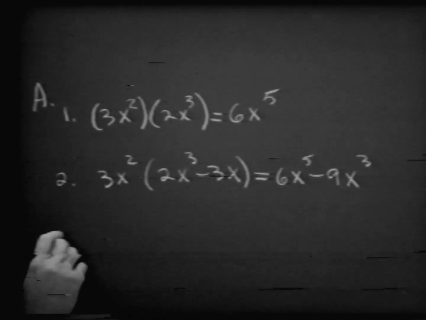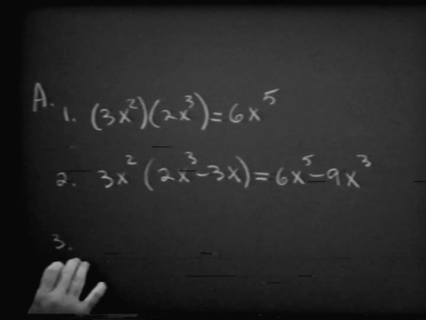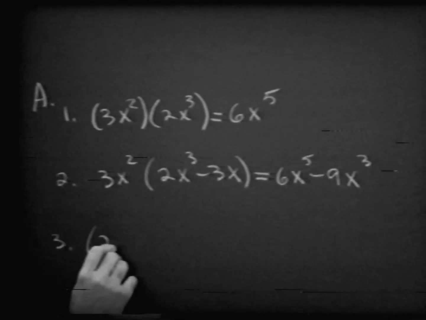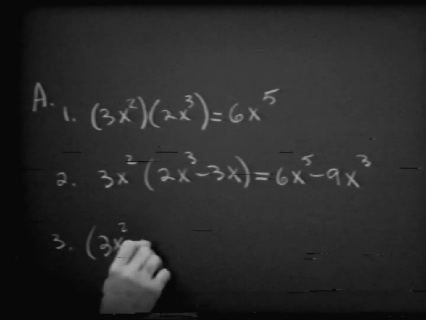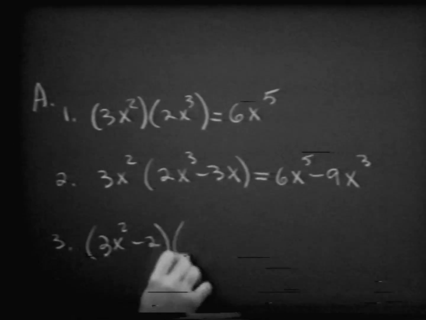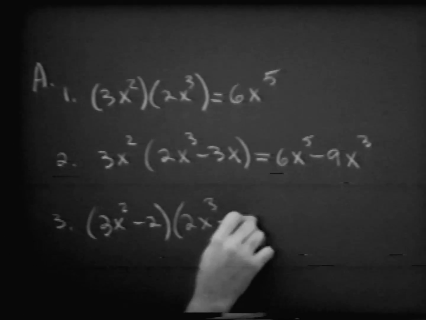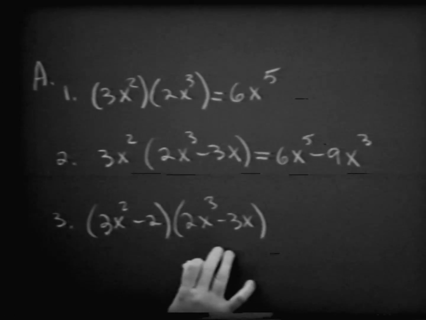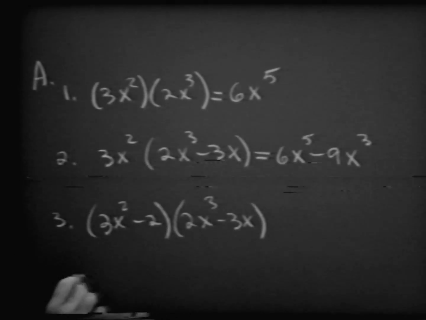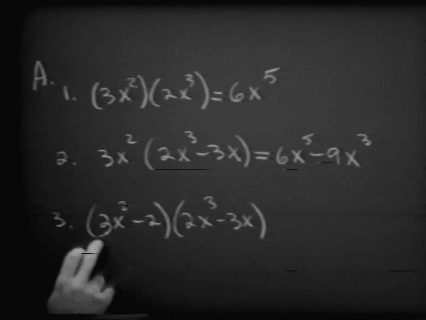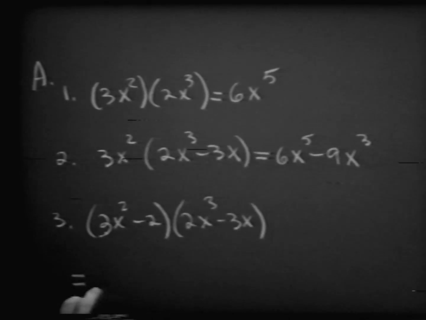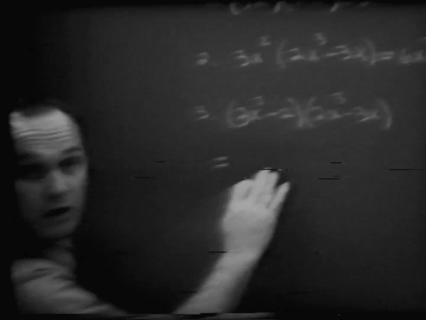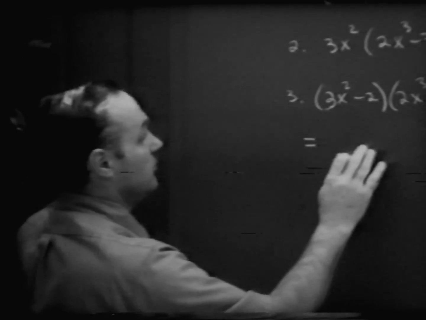And then let's now go to the next step of generalization perhaps, in which we were to have, say, 3x squared minus 2 times 2x cubed minus 3x, and now in this case we have a binomial times another binomial. And rather than going directly to what you might think of as a final step, let's indicate the process that one goes through when you handle a problem such as this.